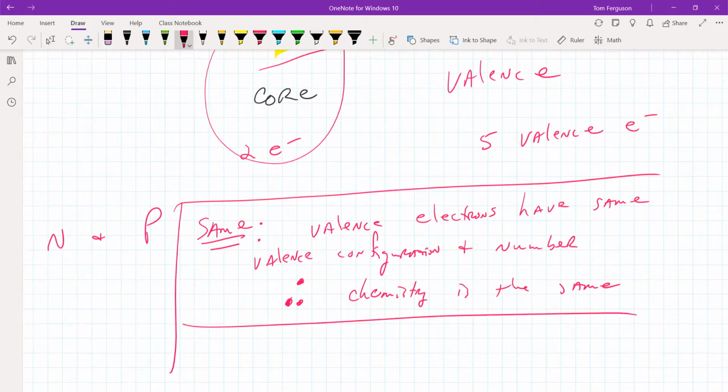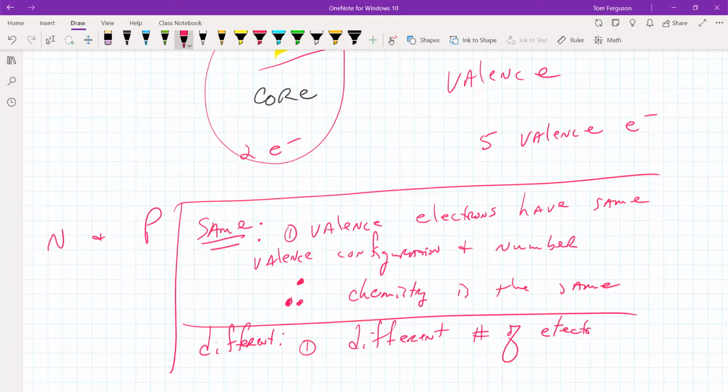But they're not the same atom. So what is different then? Different number of electrons. More core electrons.